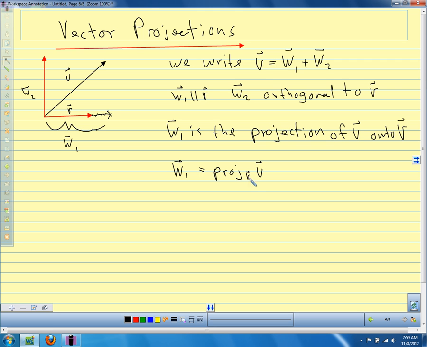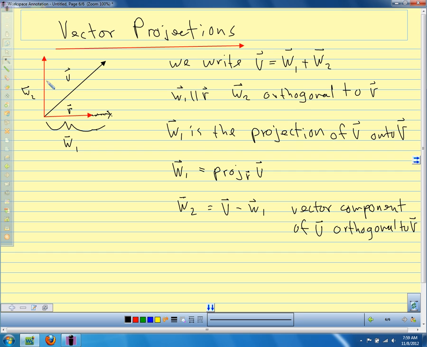So this would be the terminology that you would see, the projection onto V of U, or the projection of U onto V. And W2 is called, W2 is U minus W1, and this is the vector component of U orthogonal to V. So W1 is this projection of U onto V, this vector projection, and W2 is U minus W1.